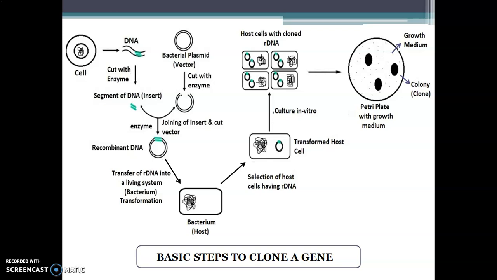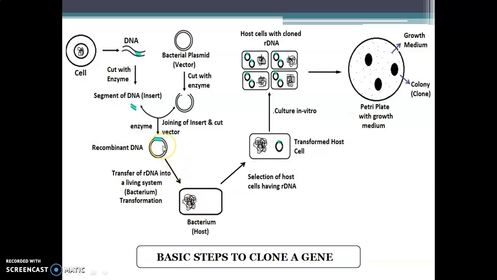The next step in gene cloning experiment is the introduction of this recombinant DNA into an appropriate living system. In this particular figure, we have used plasmid as a vector. That's why we have introduced this rDNA into a bacterium, because plasmids are basically capable of functioning in bacterial cells.